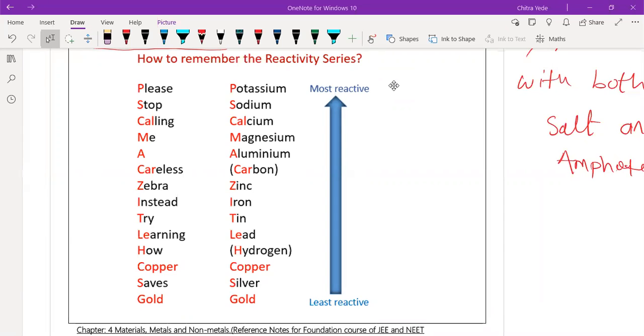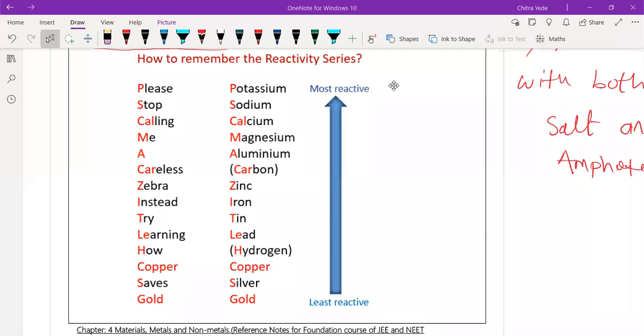Gold and platinum are noble metals. They do not corrode at normal temperature, pressure, moisture, air, etc. But they get corroded by the action of aqua regia only. So we can say gold and platinum can degrade by the action of aqua regia.